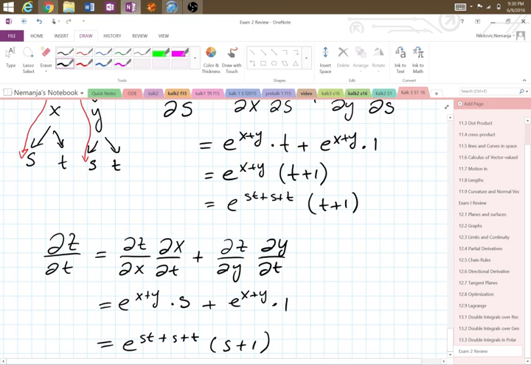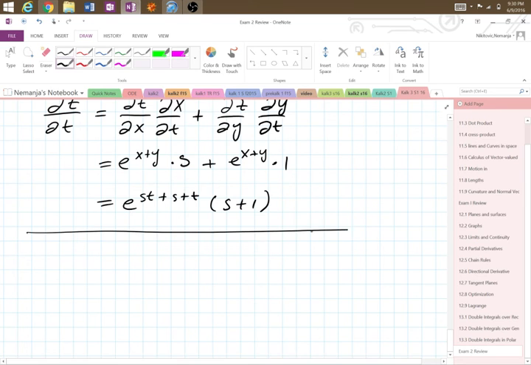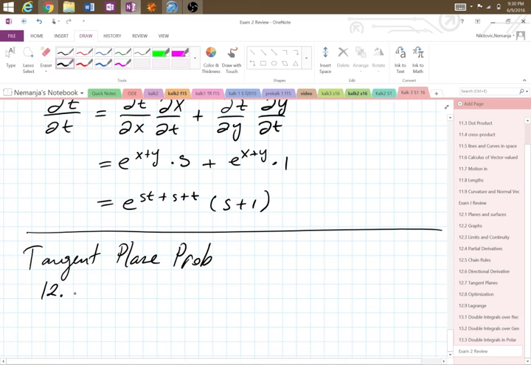Tangent plane problem. What was the section, sorry? 12.7, problem number 19. z is e to the xy.